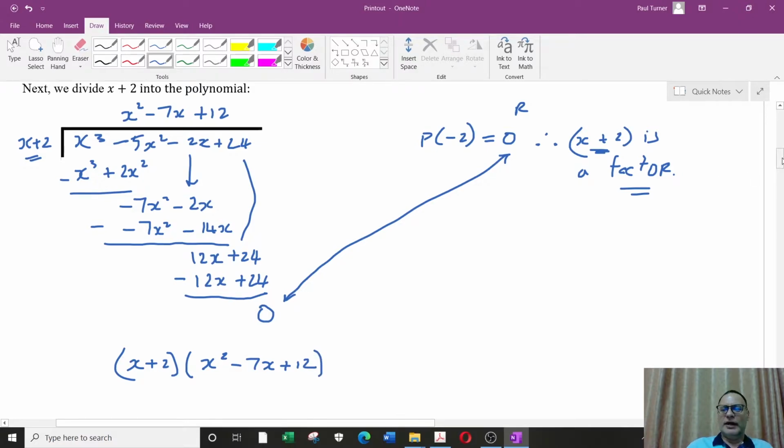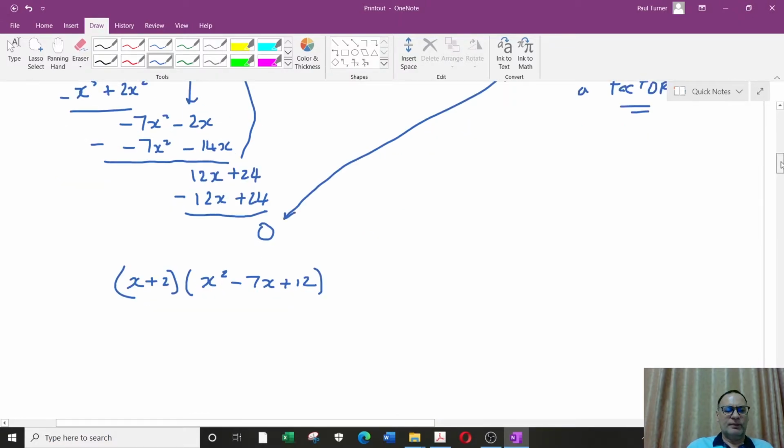But you see, we're not actually finished yet, are we? We can still factorize this quadratic here. So we've got x plus 2 as the linear factor. This is your quadratic factor, so how do we factorize that? So that's going to be x minus, what is it, let's put them out first.